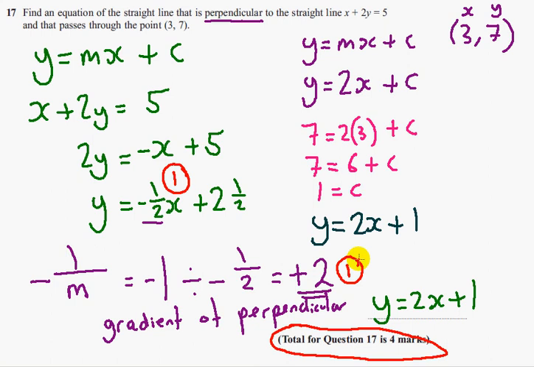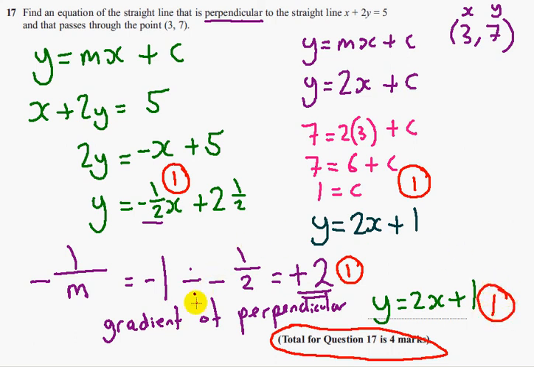The third method mark depends on the previous method mark for substituting 3 and 7 into this equation here, which we've done. We substituted the x and the y to leave us with c equals 1. And the fourth mark then is for putting it all together and finding an equation of the straight line that is perpendicular to this here, which is y equals 2x plus 1.